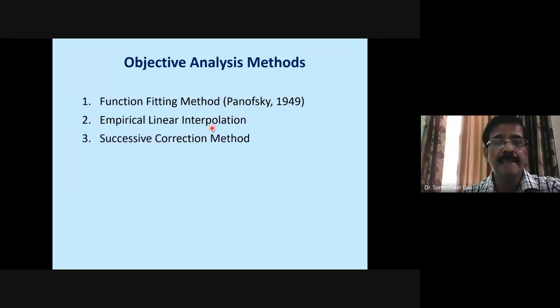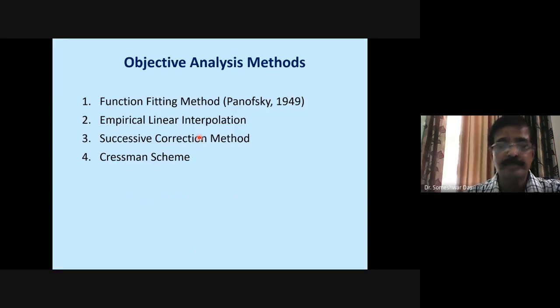The third way is the successive correction method. The fourth one is Cressman's scheme, which is one of the popular schemes of objective analysis; many models use Cressman's scheme. That also we shall discuss. In fact, the successive correction method and Cressman's scheme are similar; they are iteration procedures.